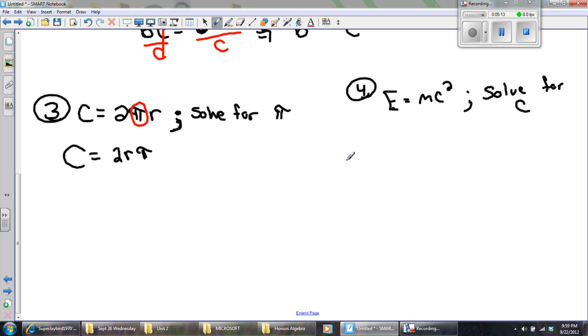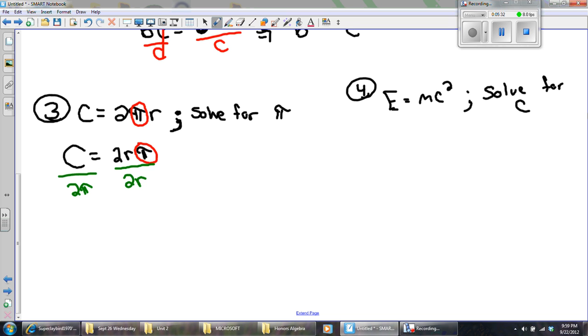I did that because now I can think of 2r as one set number, and I can do it in fewer steps. I need to get pi alone. I'm going to divide by 2r, because 2r is some number.